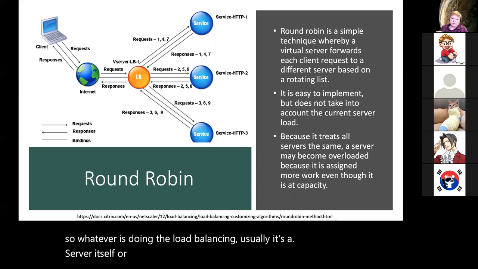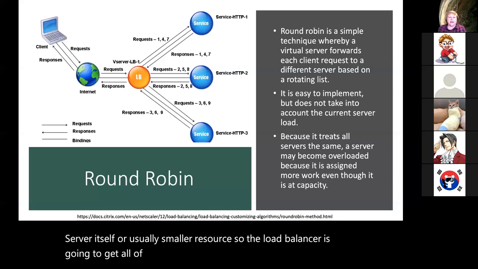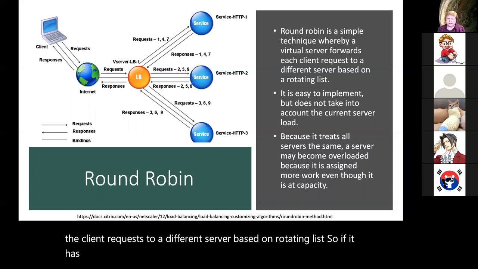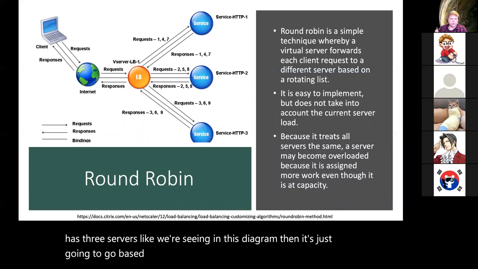So the load balancer is going to get all of the requests, and it's going to forward each of the client requests to a different server based on a rotating list. So if it has 3 servers, like we're seeing in this diagram, then it's just going to go based on this rotating list. So first it'll give it to 1, then 2, then 3, then back to 1.